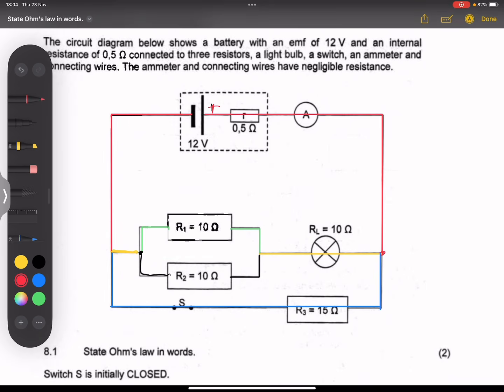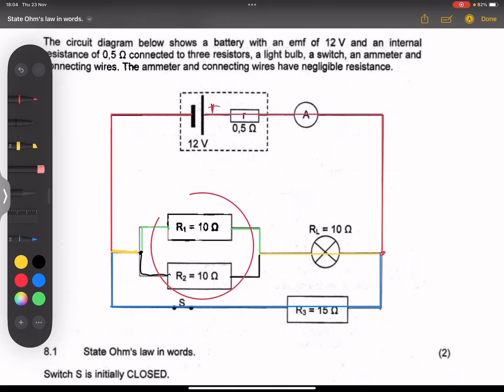Okay, right, so now what happens? So I know that R1 is in parallel to R2, right? But once we combine those two resistors, they actually form a resistor that is in series with the RL, that 10 ohm resistor there. So I want us to be aware of that.